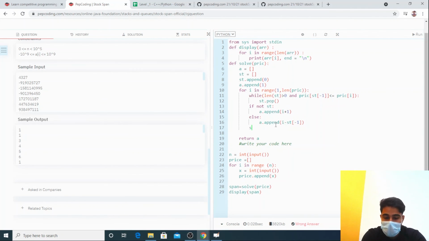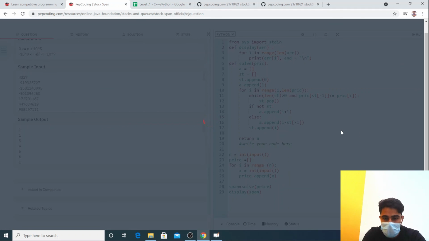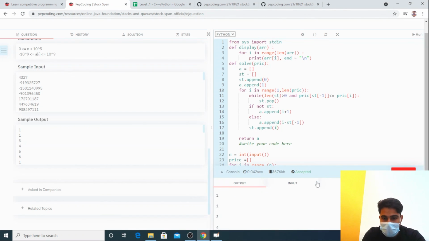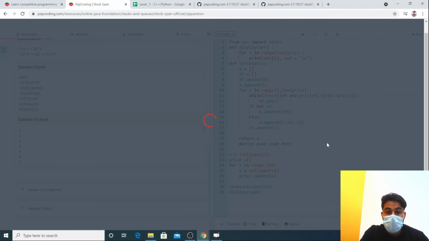We need to add it. Stack dot append i, we just forgot it. Let's run again, and this time our answer gets accepted. This was a small mistake, I just forgot to add this line. Let's submit it for all the test cases.